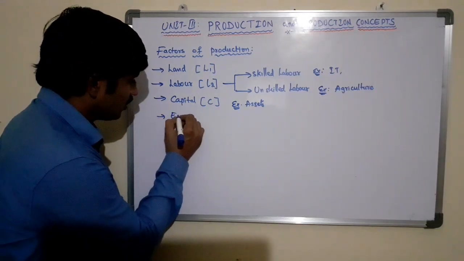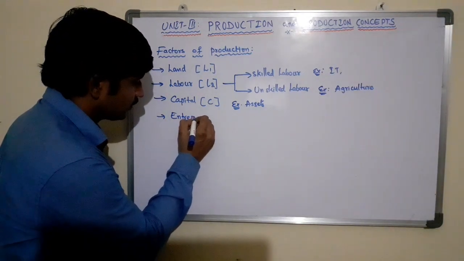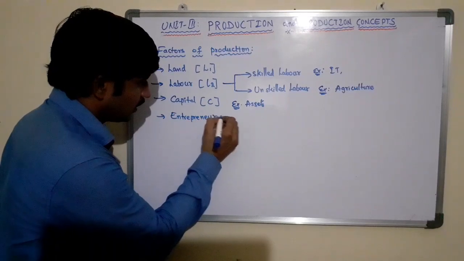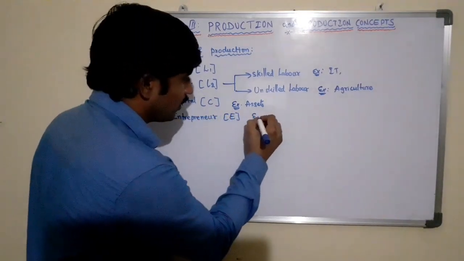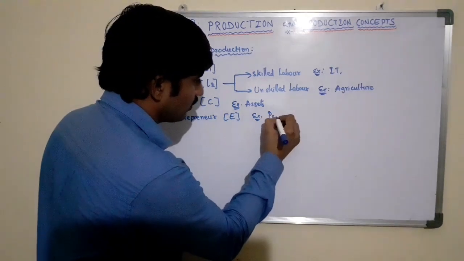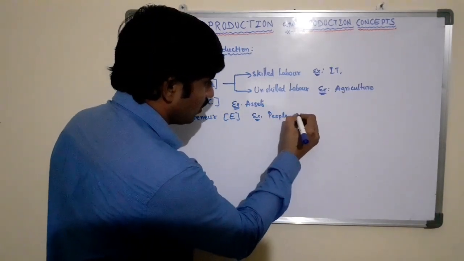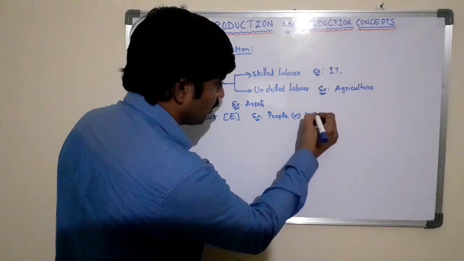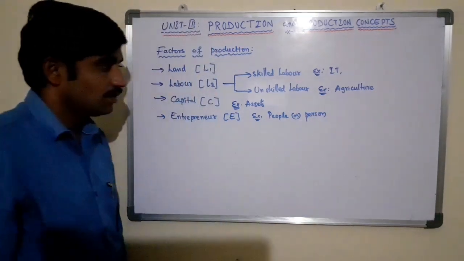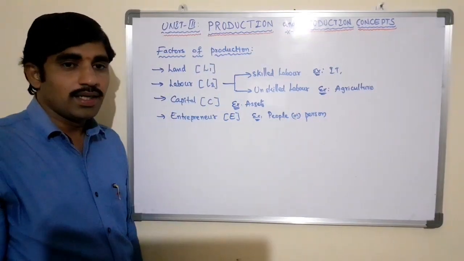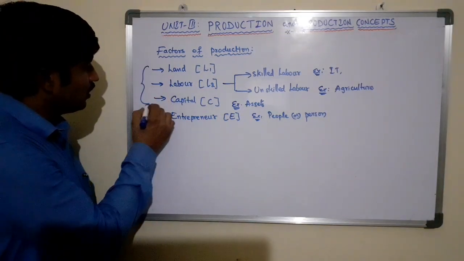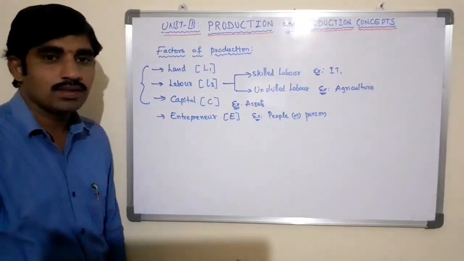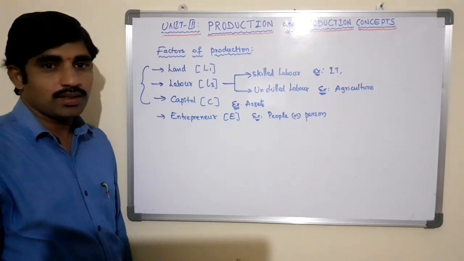The next one is entrepreneur, denoted by E. An entrepreneur is the person who is producing the products in the business. The entrepreneur is a person who brings all these three resources to one place to produce the product.